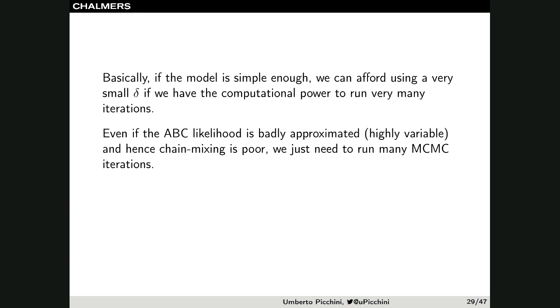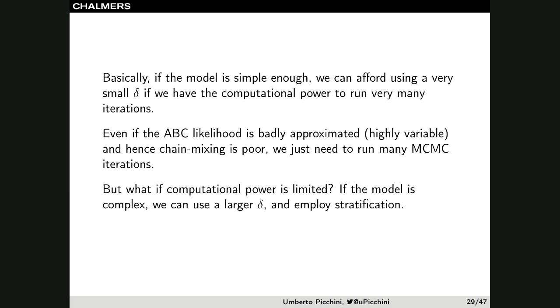And this will compensate for having a bad mixing. What if the computational power is limited? What if we cannot really run all the many iterations we would want to? Well, if the model is complex, we can use a larger delta and employ stratification to compensate for using a large delta. I'm going to detail a bit more on this.